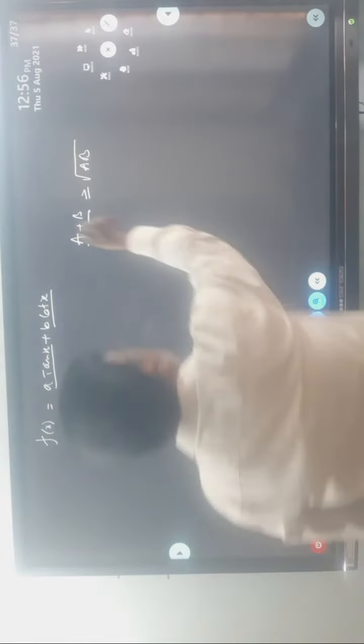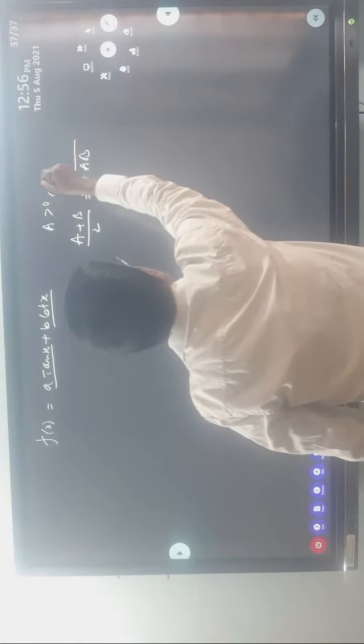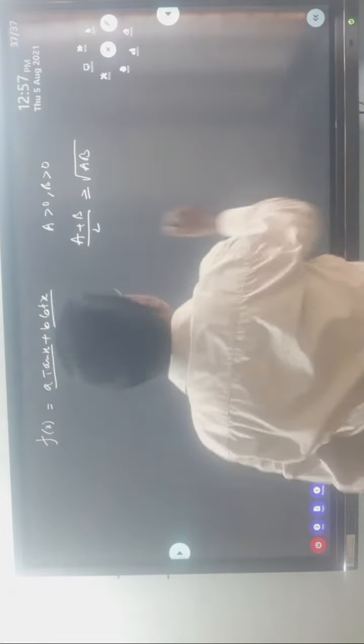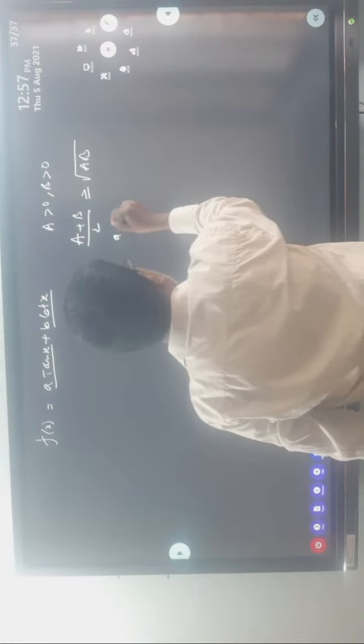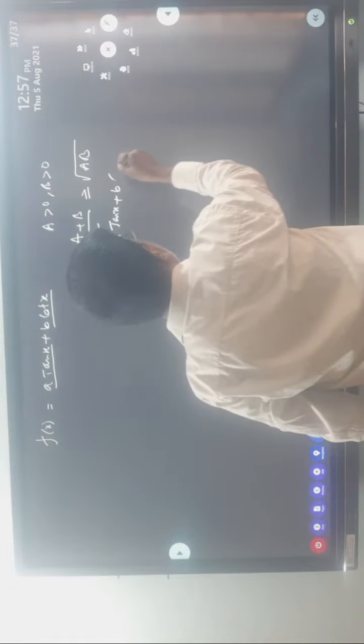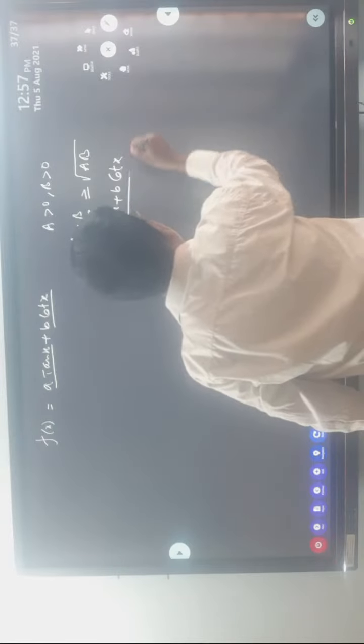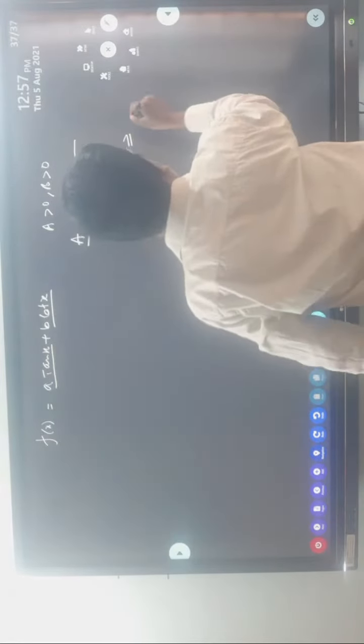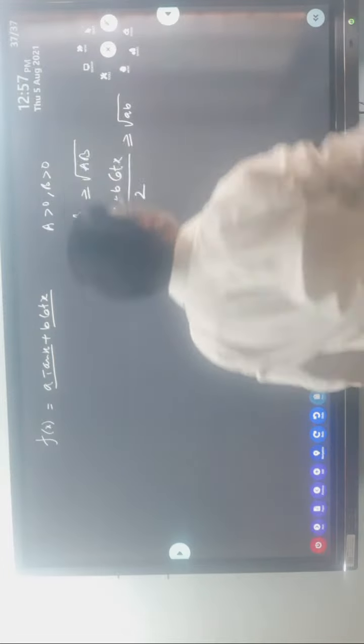Here a is positive and b is positive, so AM is greater than or equal to GM. That is, (a tan x plus b cot x) by 2 is greater than or equal to the square root of the product a tan x into b cot x. It becomes only root ab.